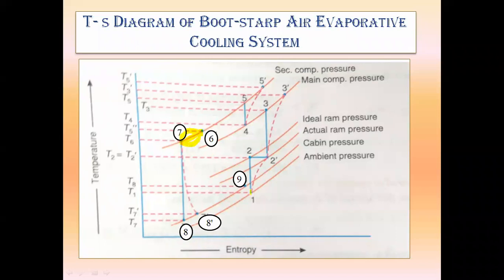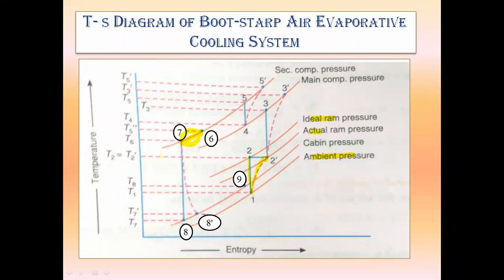Point 1 is at ambient pressure. The 1 to 2 process is the ideal ramming process, where pressure increases from ambient pressure to the ideal ram pressure, but because of irreversibility the pressure will be the actual ram pressure. So the actual ramming process is shown by 1 to 2 dash.